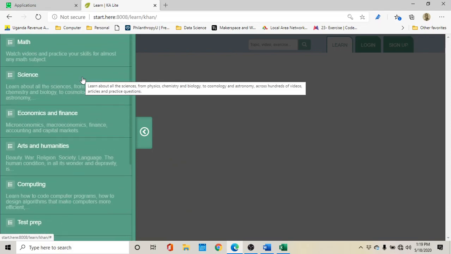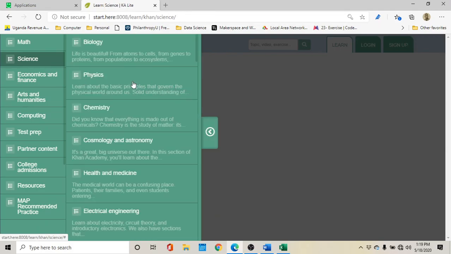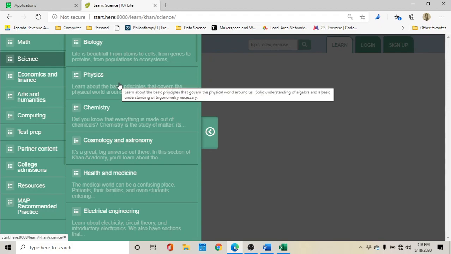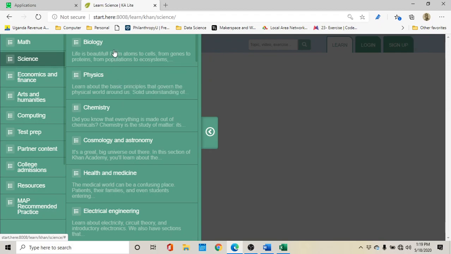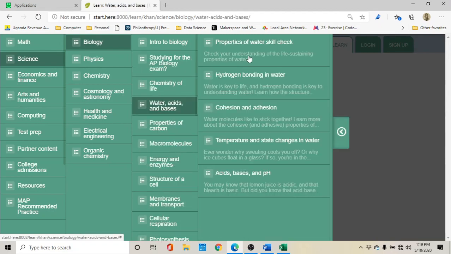Let's do science, and then under science you can see other subjects: biology, physics. Let's pick biology, and let's do water, acid property of water.